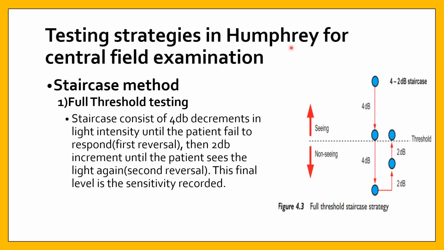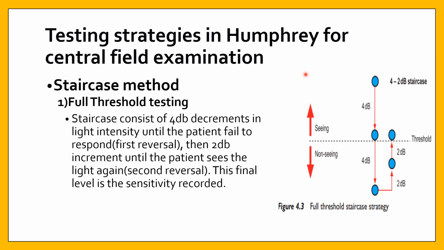Testing strategies in Humphrey for central field examination. The staircase method is used, and the staircase method is a combination of ascending limit and descending limit. In ascending limit, the stimulus is presented at increasing levels until seen by the patient, and in descending limit, the stimulus is initially presented clearly visible and reduced until it can no longer be seen by the patient.